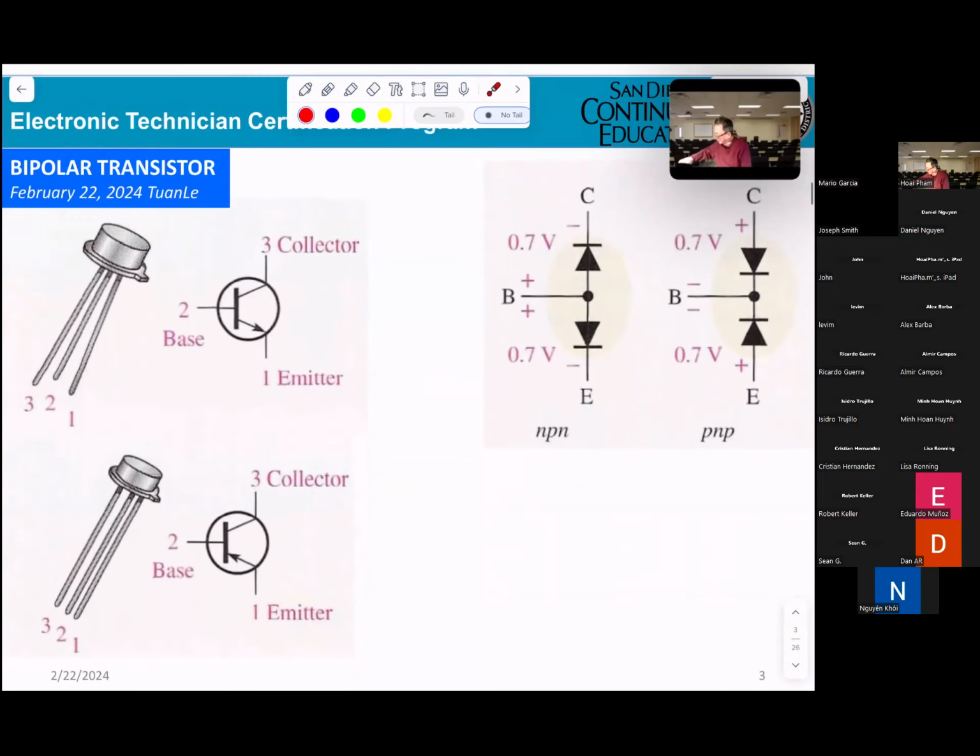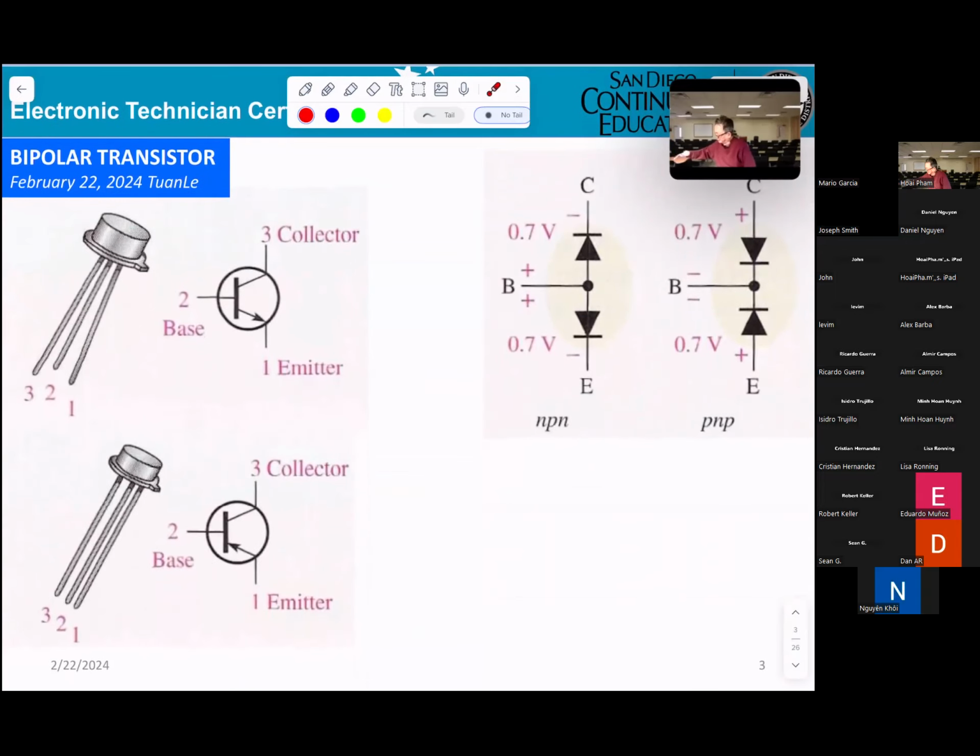Now you can see in here, from the NPN, from the base you get one diode to the collector and one diode to the emitter. And PNP, same thing: one diode from the collector to the base and the emitter to the base.